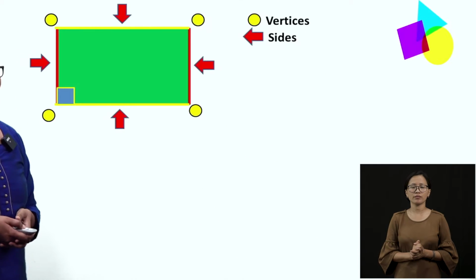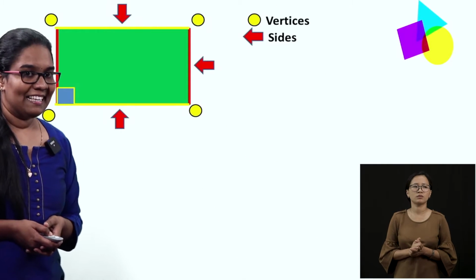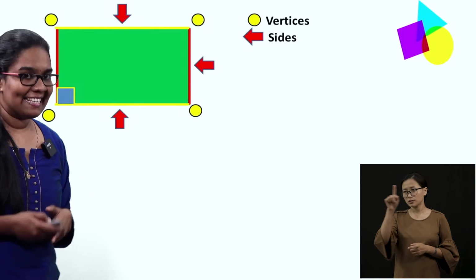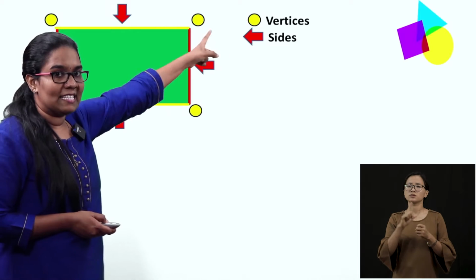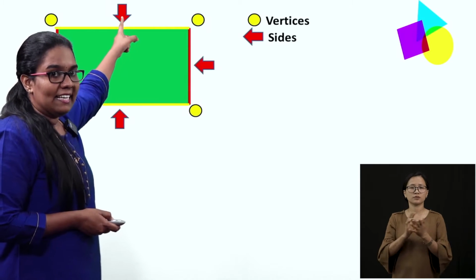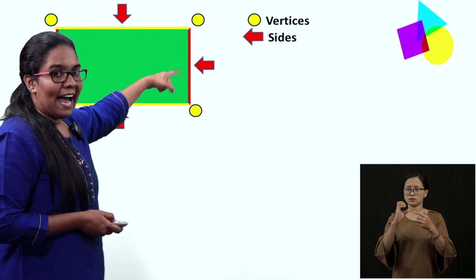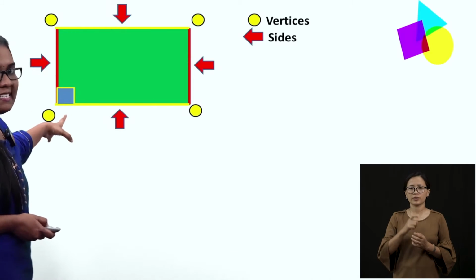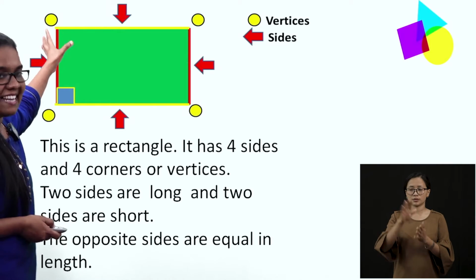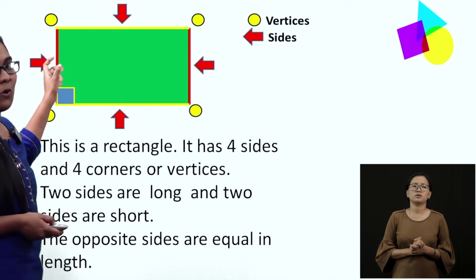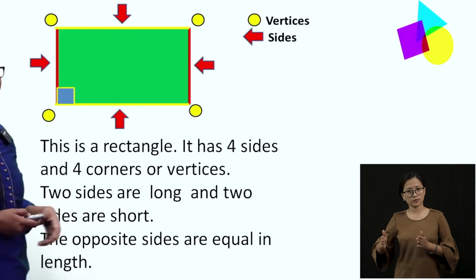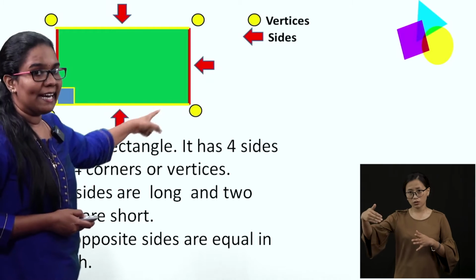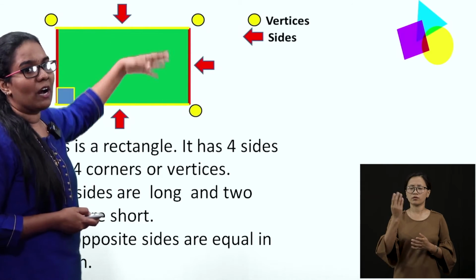Then look here. This is a rectangle. Here also the yellow dots indicate the vertices and the red color arrows indicate the sides. Here we can see 4 red arrows and 4 yellow dots.